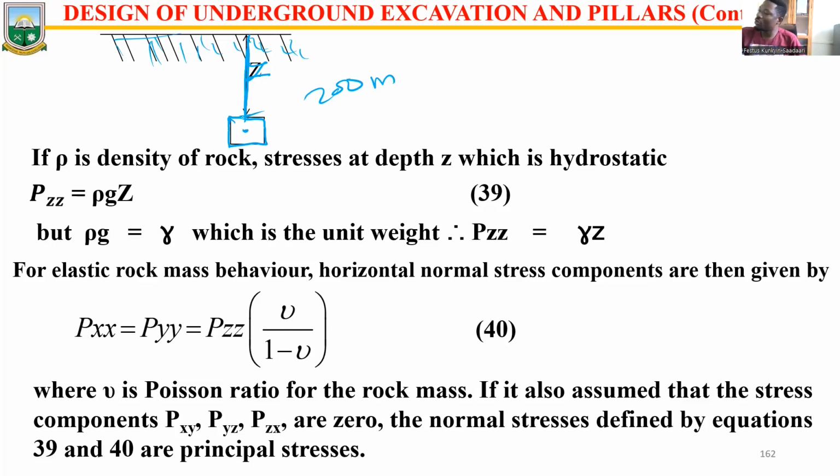So from the roof of your excavated space to the surface is what we denote as Z. So if we know the density of that material the excavated space or the roof is going to carry, then the stresses at the point Z, which is Z, is the hydrostatic pressure.